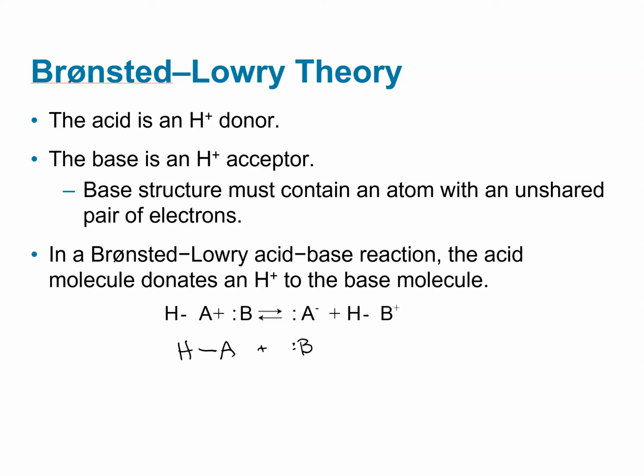So here we have this acidic hydrogen H bound to molecule A, which is part of the acid, and then we have this base B, which has a lone pair of electrons which it's happy to donate. And this is almost always a reversible reaction if it's a weak acid or base. And what's going to happen in this case is these electrons on the base are going to swoop in here and grab that proton.